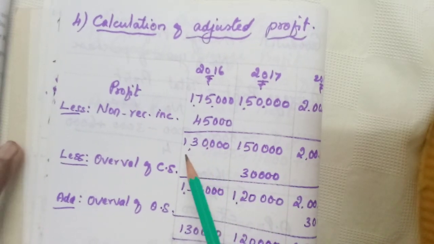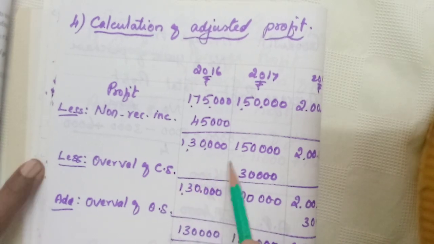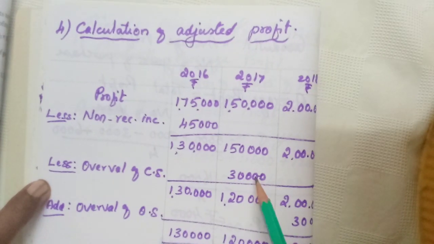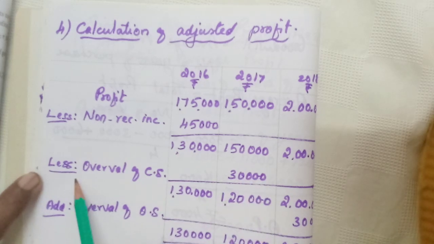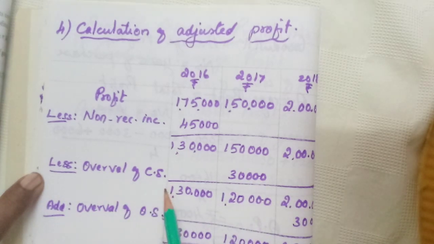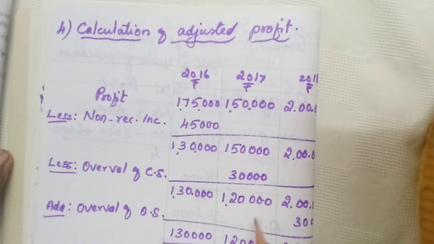Then adjustment C, closing stock overvalued. That we need to deduct from the 17th year. So we have to deduct the overvaluation of the closing stock, 30,000.